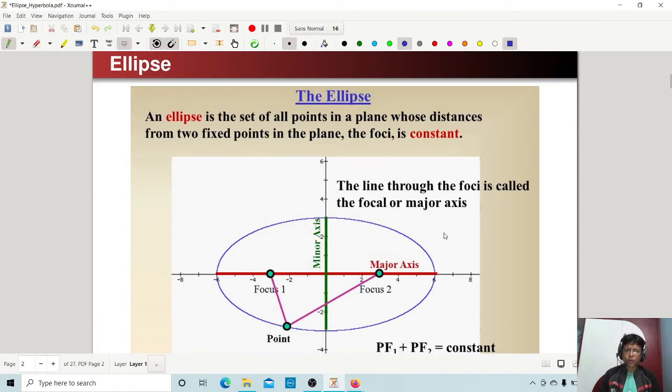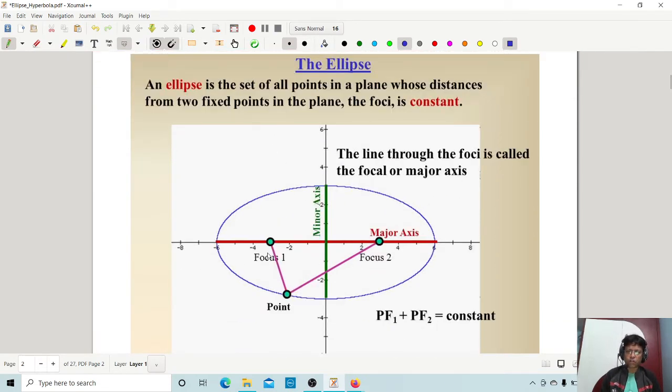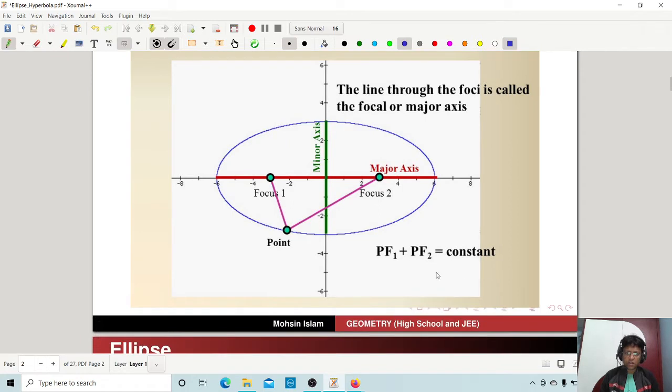Now you look at that. These are focus 1, focus 2, and the line connecting focus 1 and focus 2 is called the major axis. And this remains constant according to the definition of the ellipse. Then the path of this point is called the elliptic path, right? Because you can see the planets revolve in an orbit that is elliptical, revolving around the sun, and the sun is at one of its foci.